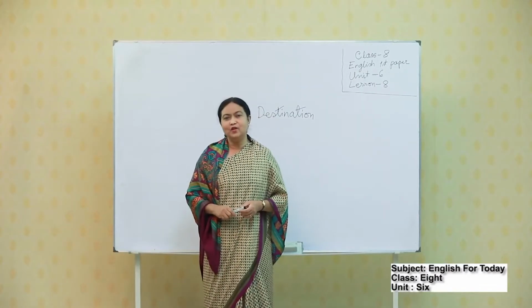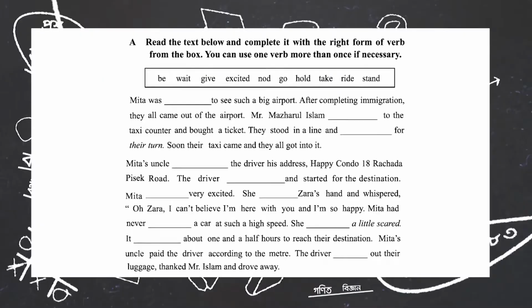Students, at first look at section A. There is a fill in the gaps for you. And in the box there are some verbs. Have you looked? Yes. This is the task of right form of verb.